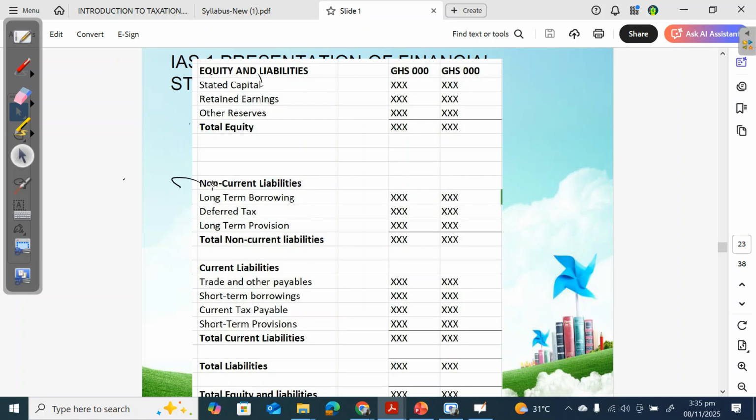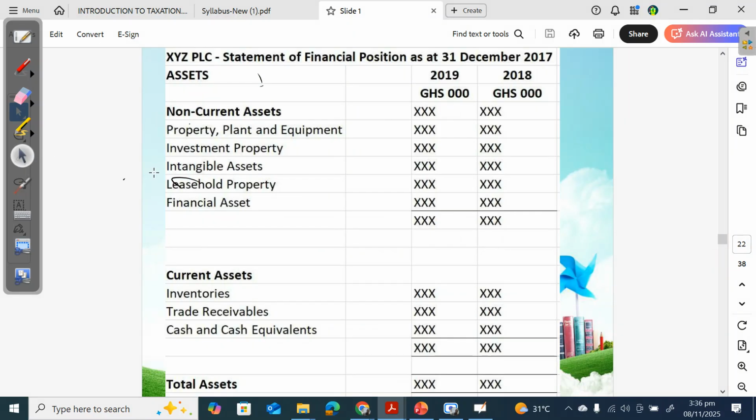Even our liabilities, we have non-current liabilities and current liabilities. Then we have equity. So when you go through the balance sheet, a number of the items have standards.